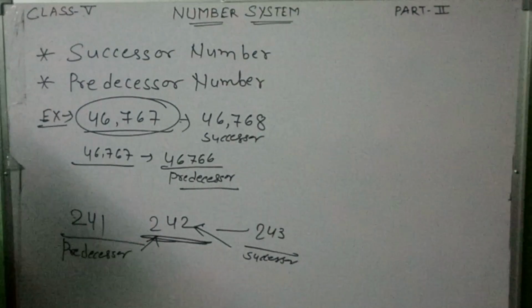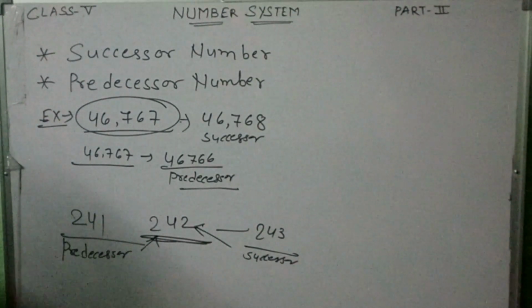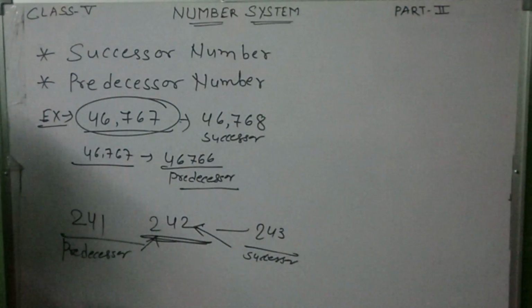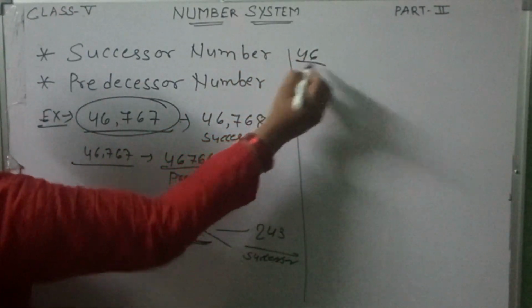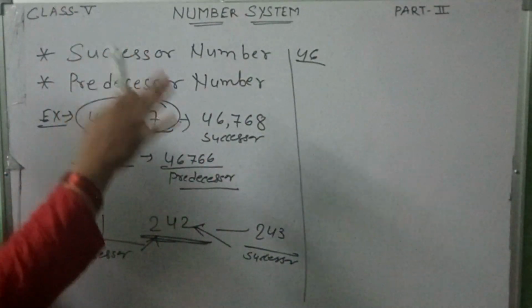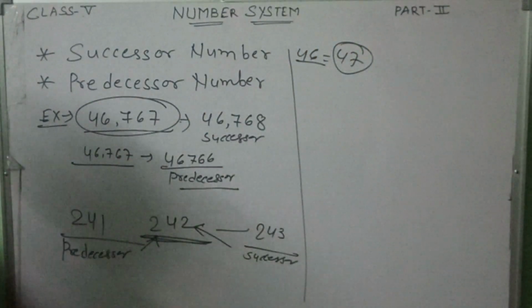We have to always remember, for successor we have to add one more number for finding the successor number. Simple way you can understand this. If I will say what is the successor of 46? Just add one more. 46 plus 1, 47. 47 is the successor number.